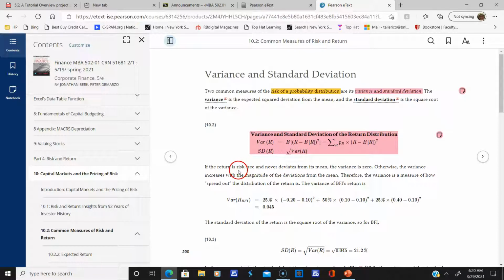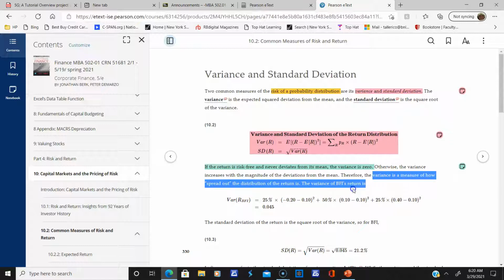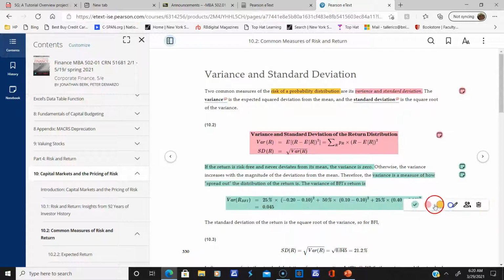All right, there's an important point here. If the return is risk-free and never deviates from its mean, the variance is 0. Otherwise, the variance increases with the magnitude of the deviations from the mean. So the real important thing to know is the variance is a measure of how spread out the distribution of the return is. In the example that we previously saw, the variance was 0.045.